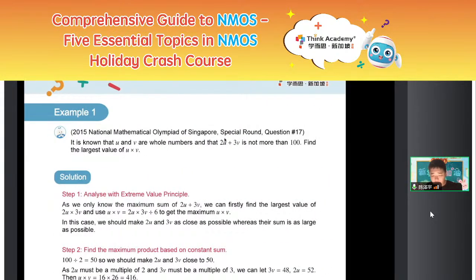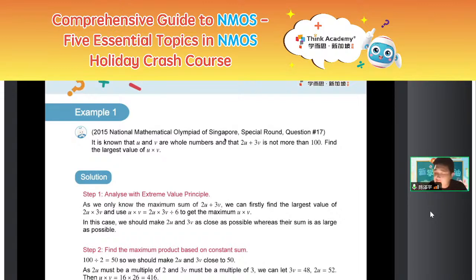Now, this is the question that I mentioned earlier. If we have a fixed sum, how can we maximize the value of the product? We have two numbers, the first number and the second number. If we want the product to be bigger, we make sure that they are as close as possible to each other.